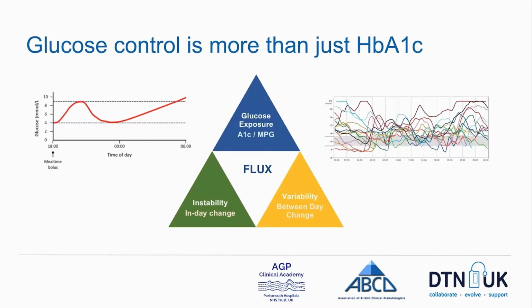So, the profile of an individual day on the left, if it's repeated but with a different form of instability each day, can produce this much larger profile on the right, and it's this variability between the days that causes so much problems from a clinical perspective. And indeed, I would go further than that to say, because we know that it's these flux measures that actually are the sole target and the treatment requirement to avoid hypoglycemia.